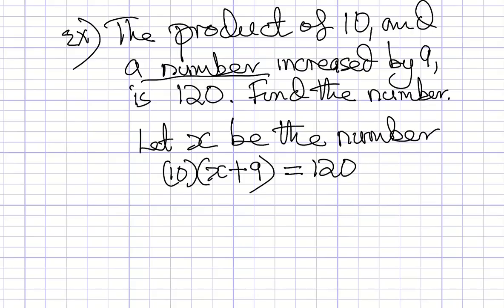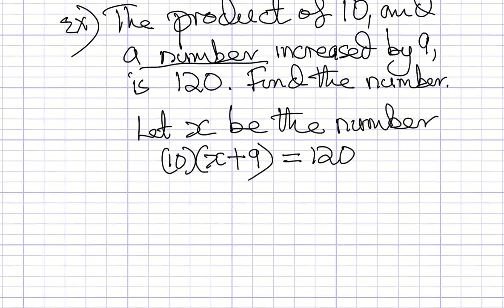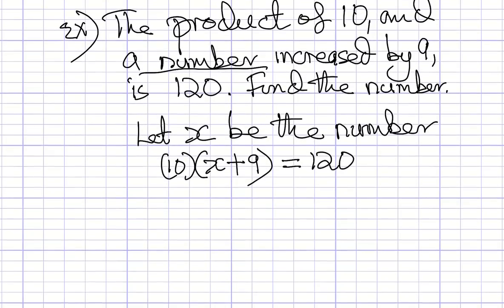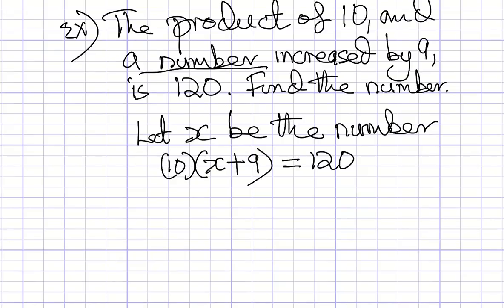Okay, now the next step, you solve the linear equation. That's a linear equation in one variable. We're only looking for x, and x is the number that they increased by 9. Alright, so we'll solve that. Remember we did this many times in the past. You start by having all the terms with variables on the left, the terms with constants on the right.